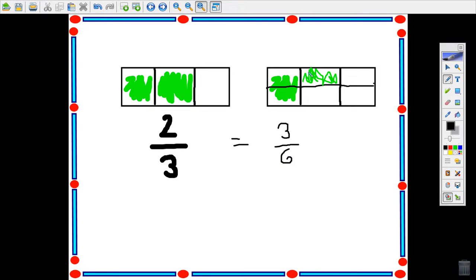You should hopefully know they're not equivalent just because, look, this one has more green shaded in than this picture. But let's prove it using the whatever you do the top, you do the bottom trick. Well, I know 3 times 2 equals 6, but will 2 times 2 equal 3? No way. So these are not equivalent.